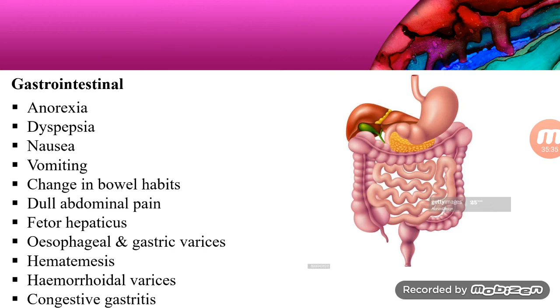Fetor hepaticus is a sign which shows when the liver cirrhosis is very severe. Fetor hepaticus is nothing but the breath of the patient will be very smelly, just like a rotten smell.